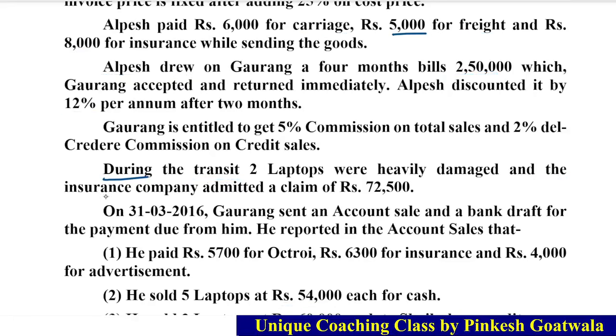Okay, so here two types of commission are given. First of all, 5% commission on total sale and 2% commission on credit sale. Now remember one thing I just told you: if in a question the point is 5% general commission, 2% del credere commission, remember this point.